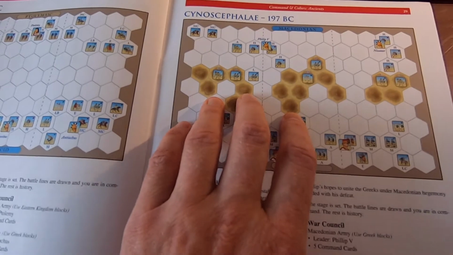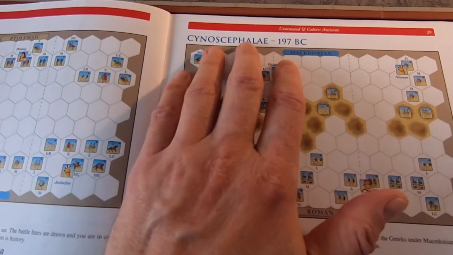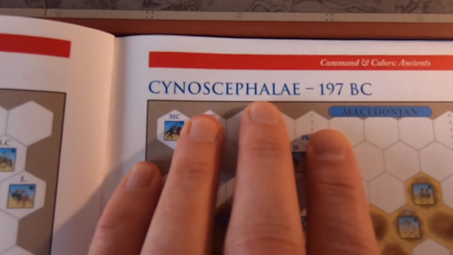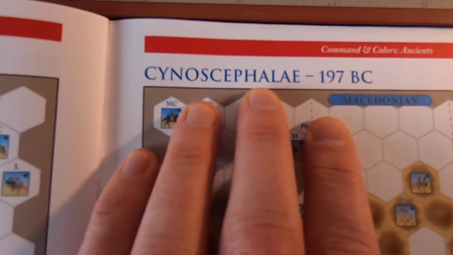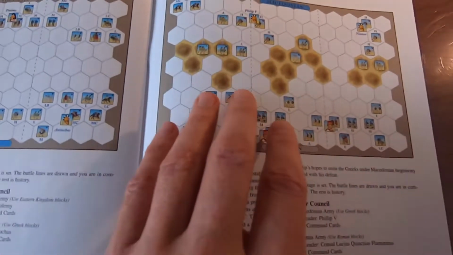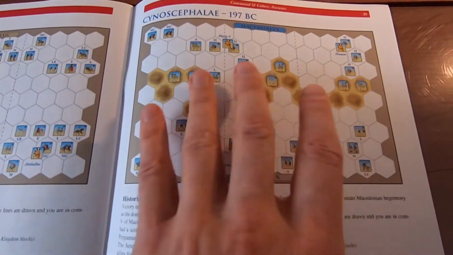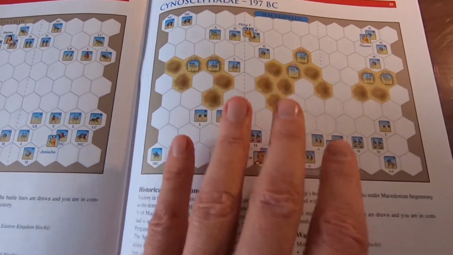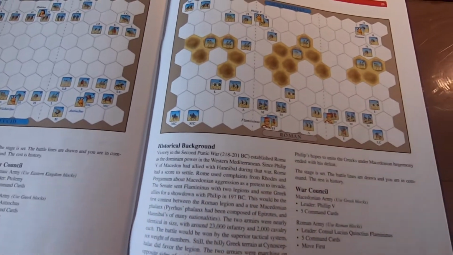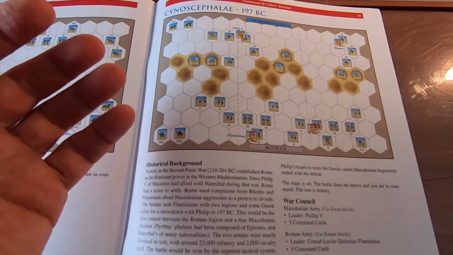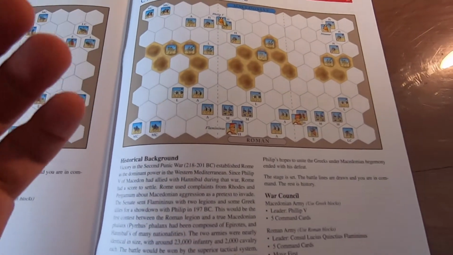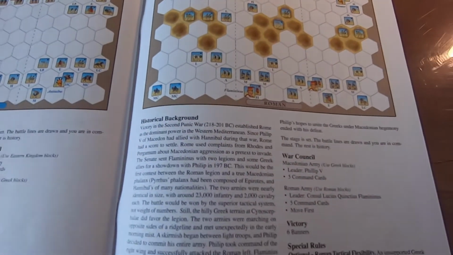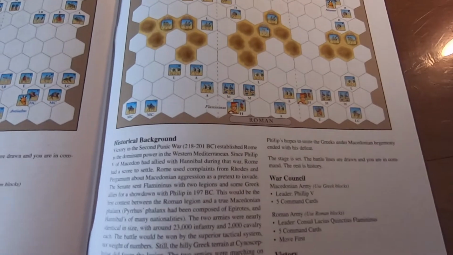I think I read that the name Cynoscephalae means something like dog's heads in Greek, so probably the hills resembled dog's heads. Both armies were in the vicinity of these hills, but they didn't really know about each other's whereabouts that much. But they were really close at this point of time.